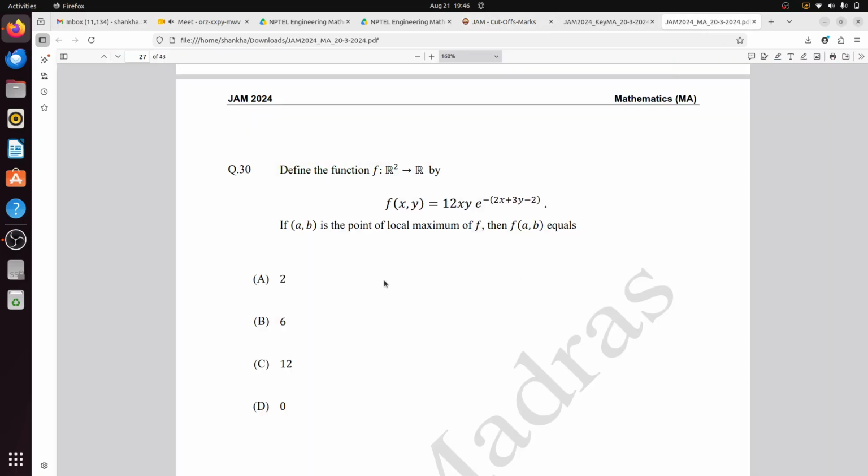Which is the point of local maximum of f? IIT Madras always makes trickier questions.